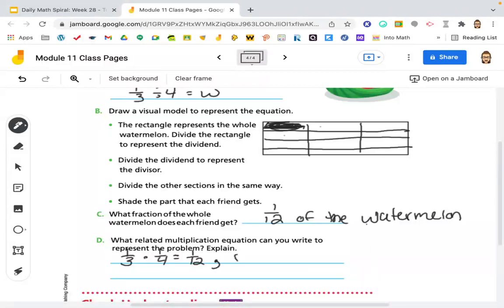So the model shows 1/4 of 1/3, and of means multiplication.